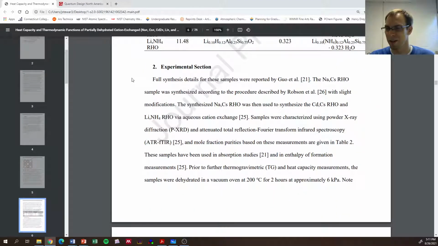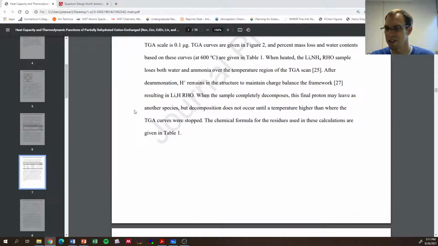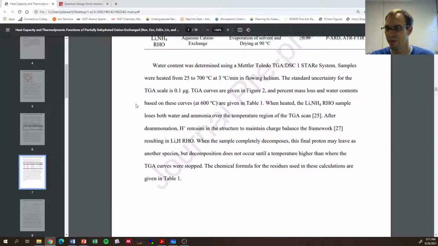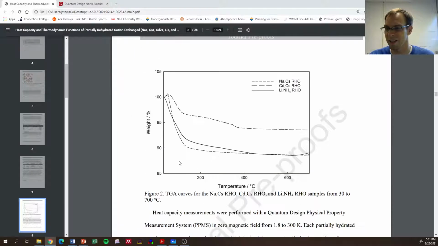They synthesize it according to a procedure that was described somewhere else, et cetera. So the part we're interested in is they did a thermogravimetric analysis, so that's TGA. That's measuring, as you heat it up, does water evaporate off of it? We can measure that, and this is like their experimental data here.